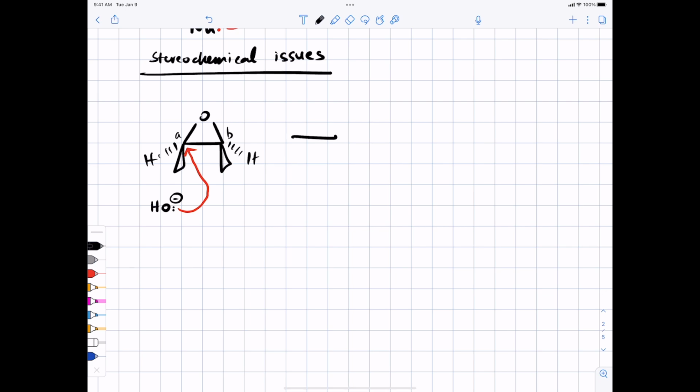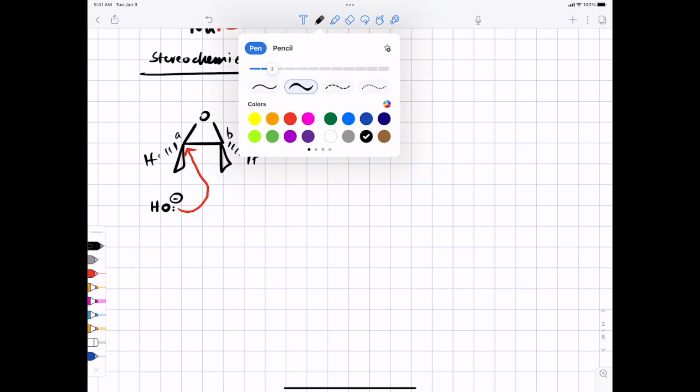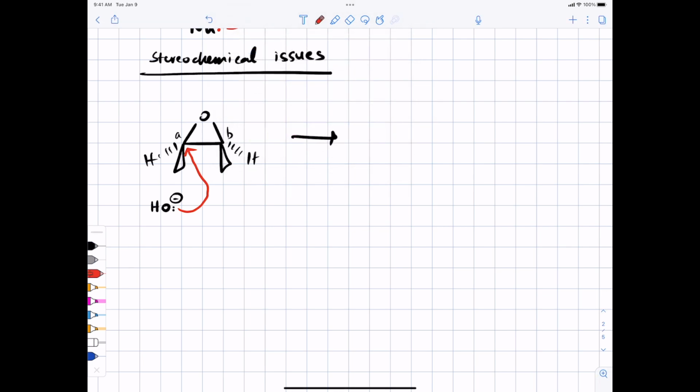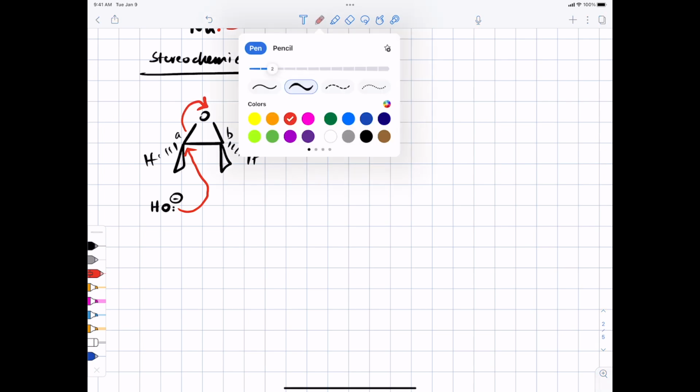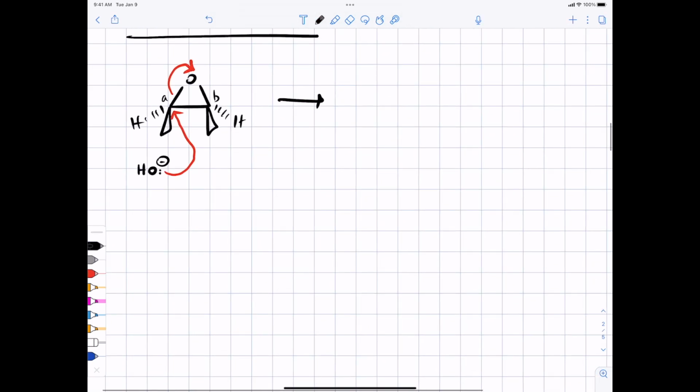So, taking this view of the epoxide, we attack carbon A. That's really attacking the carbon-oxygen sigma star, which is presumably low enough in energy to attack because of this ring strain. As you attack, the oxygen-carbon A bond breaks and electrons move on to the oxygen, and you get this intermediate. Carbon B stays exactly the same.